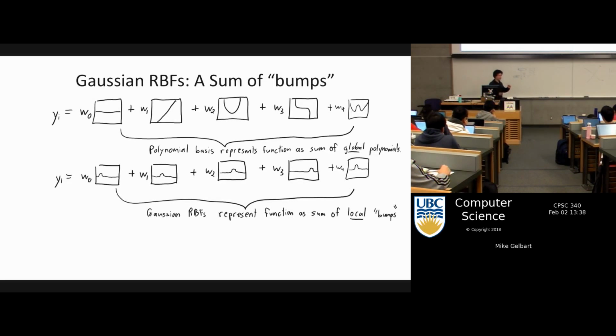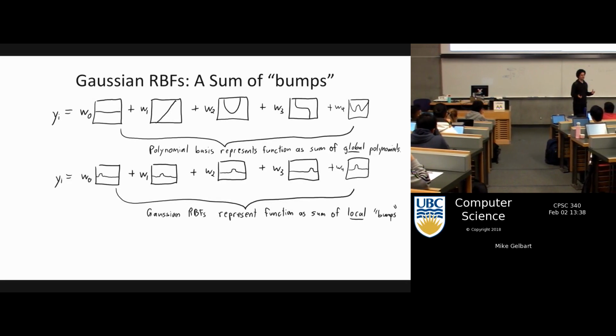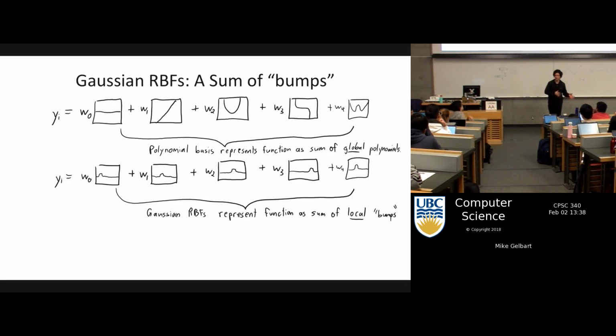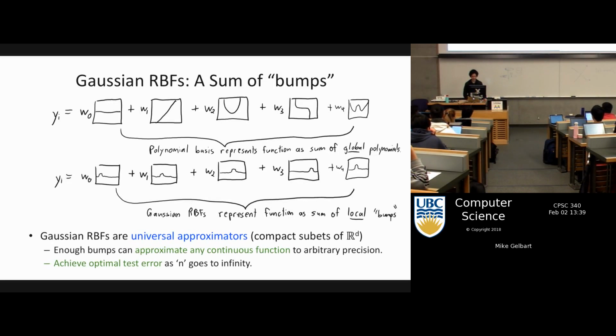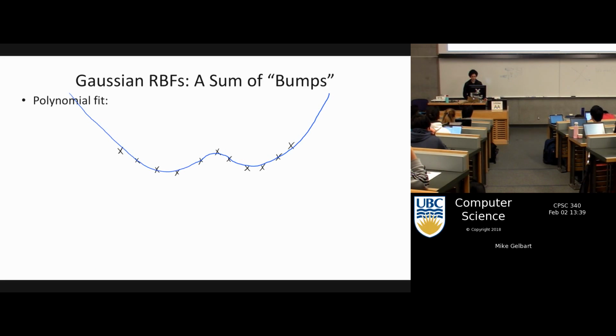And now that means I have one new feature per training example. So my z will actually be n by n. If I have n training examples, I'll have n features. And that's what makes it non-parametric. The complexity grows as I add more data. And it has some nice properties which we don't have time to talk about.